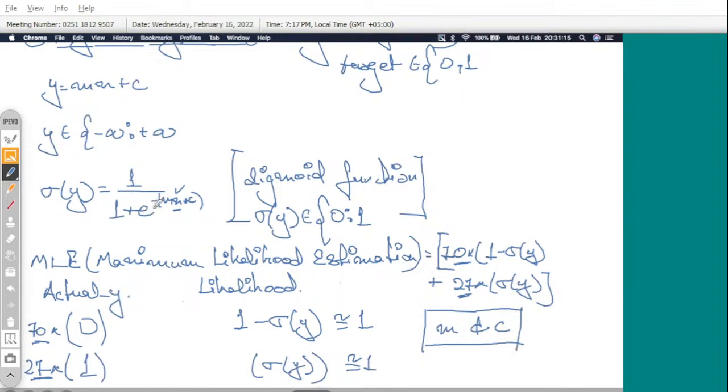No, we just need to maximize. Overall, the likelihood should be maximized. Ideally, the idea over here is we need to maximize the chances of occurrence. If it is zero, the chances of having zero should be maximum. If it is one, the chances of having one is maximum.